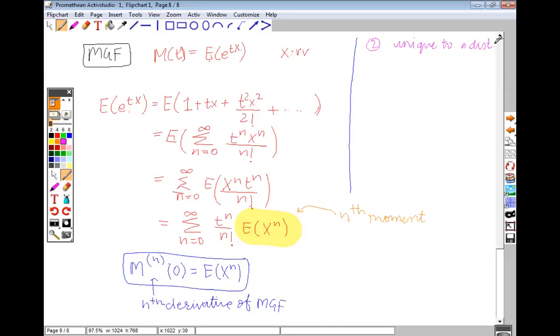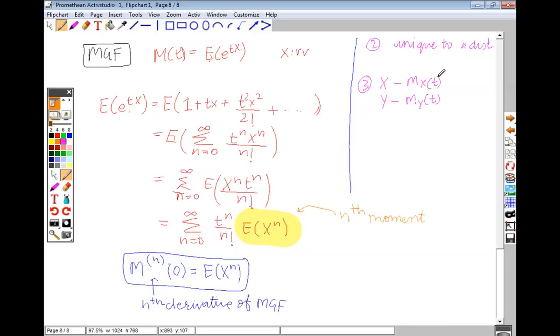And the next property that we have is again something that we can use. Let's say my x has the MGF Mx and my y has the MGF My. I'm just ignoring the t here for simpler notation; it doesn't mean that it's not there.